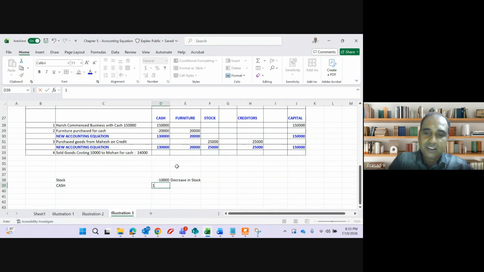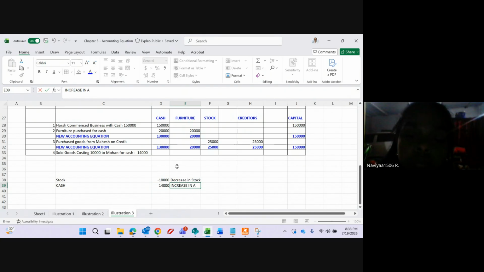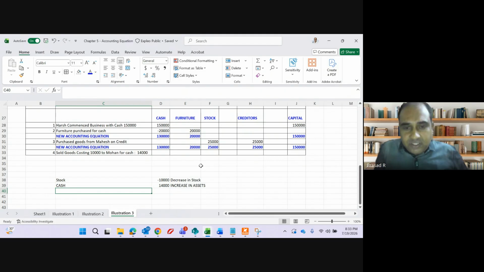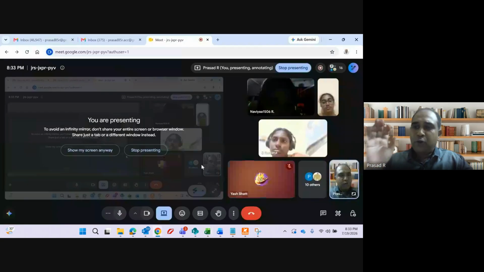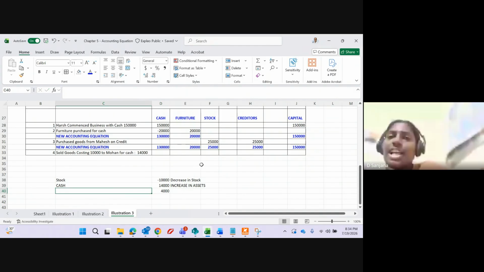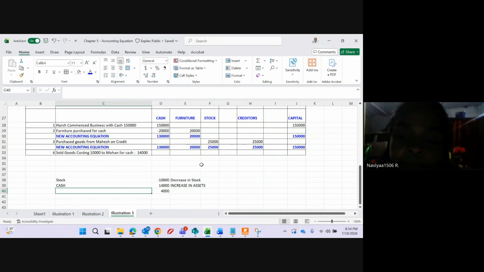How much cash will I get? 14,000. My asset is increasing or decreasing? Increasing. Increase in asset. Now, I am selling something which is 10,000 for 14,000. What happens to the 4,000 rupees?